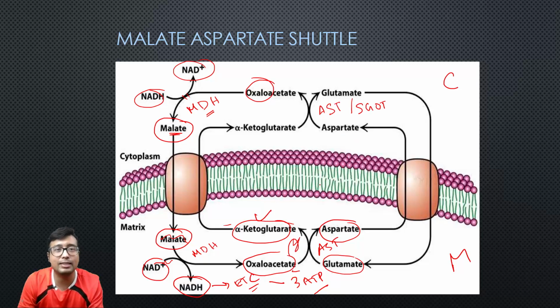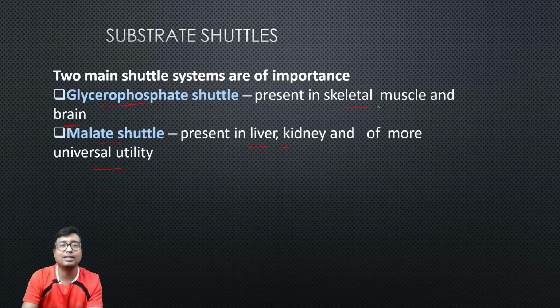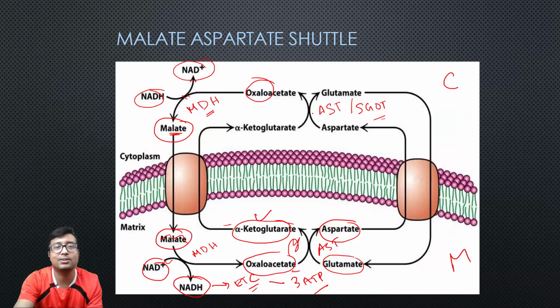Where is this enzyme present? In liver, okay, in heart. So as you have seen in previous slides, malate shuttle is present in liver, kidney and preferably all other sites. So this is the complete reaction of malate shuttle.